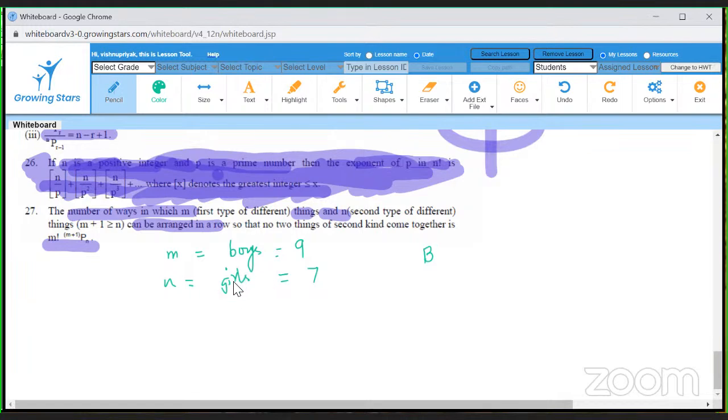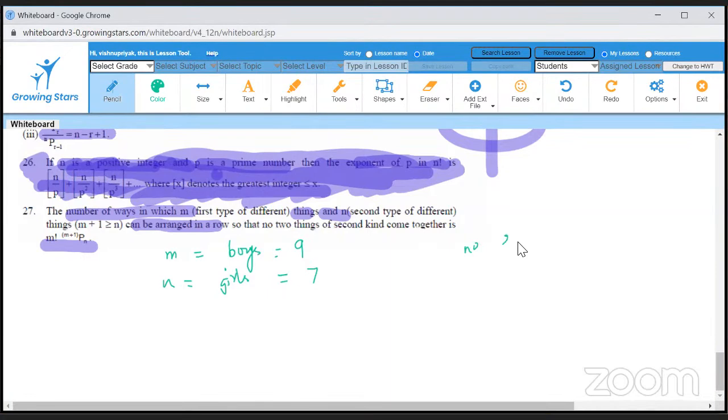There are many ways. Boys and girls should not come together. Boys should not come together. Girls should not come together. Suppose if they say second kind, that is no two girls can sit together.